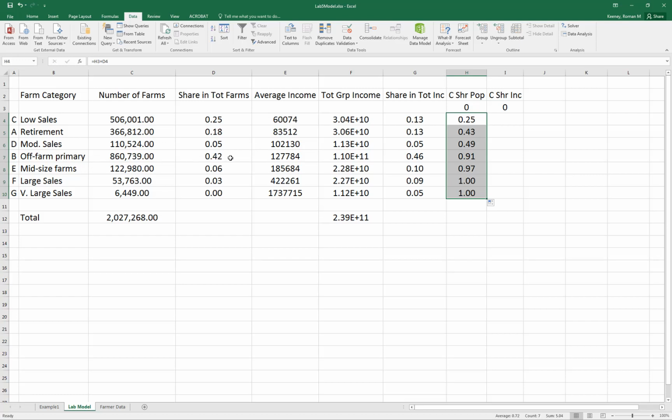The off-farm primary is this dominant group that just completely dominates the middle of the distribution, right? It takes us from 49 to 91, so you end up with a small piece of the distribution here after having a couple of sort of even size groups, and so clearly ERS has sort of refined their picture of distribution to be more than just income based.